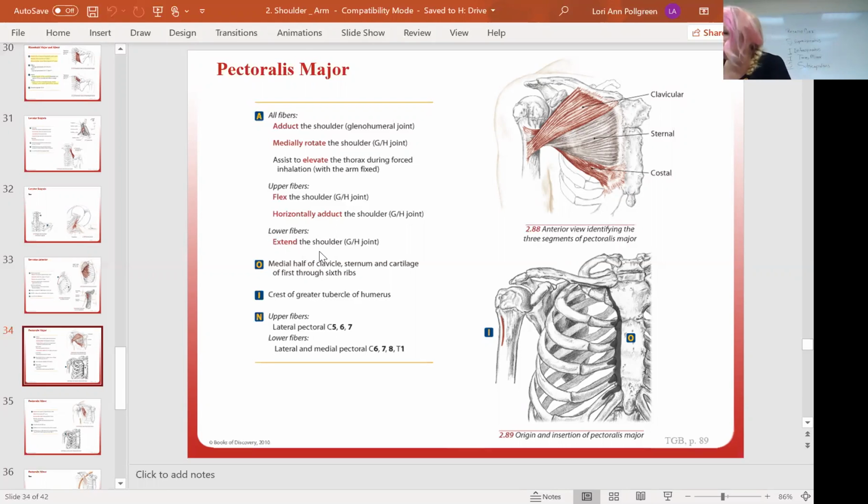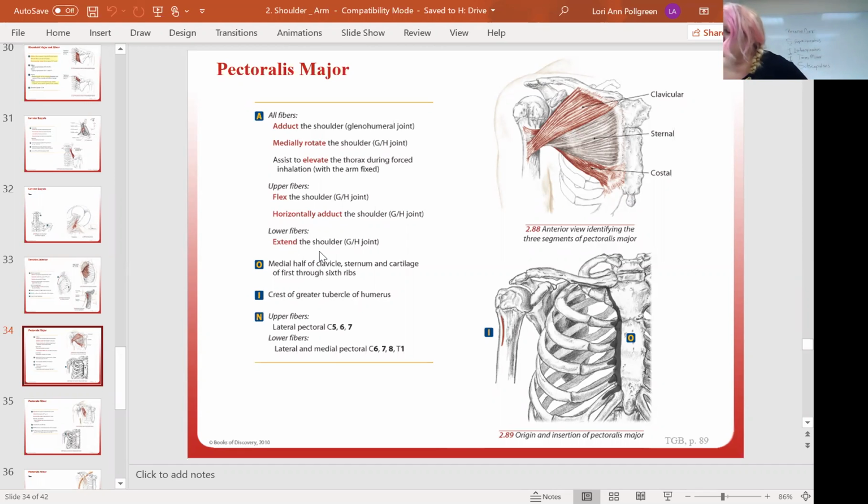You can see from the picture the costal fibers, sternal fibers, and clavicular. And of course, the names give us a hint. It originates at the clavicle, at the sternum, or at where the costal cartilage is. That's a special highlight. Put a little asterisk next to it if you need to.